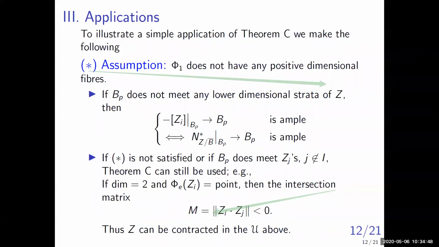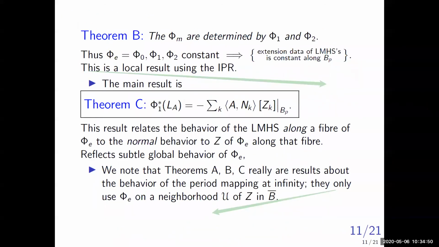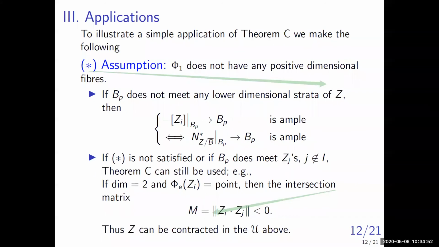You can still use that theorem on the preceding one, but I'll come back to how you use it in a minute. But let's assume that all of the branches at infinity get mapped to points.